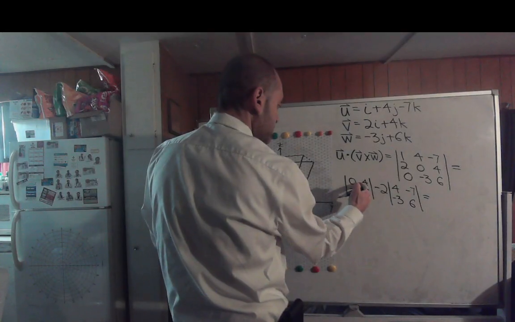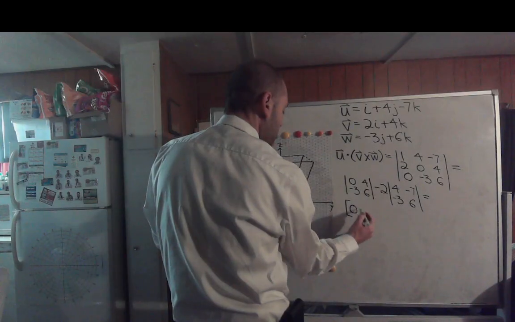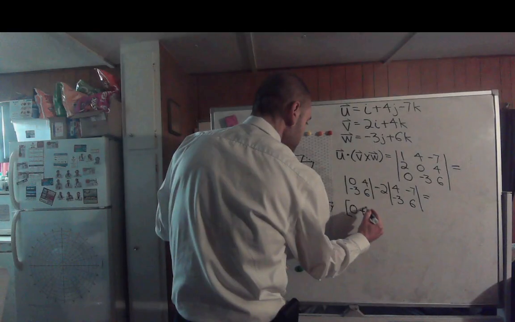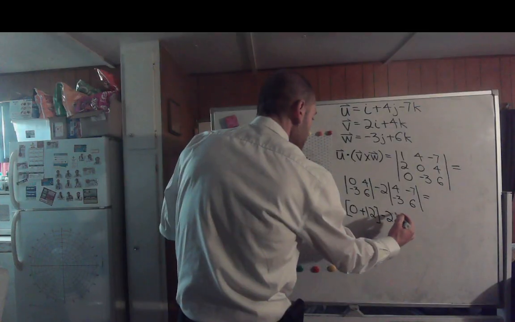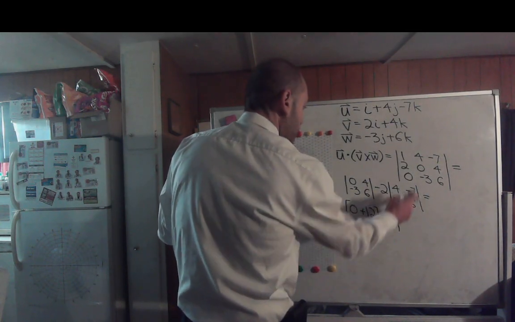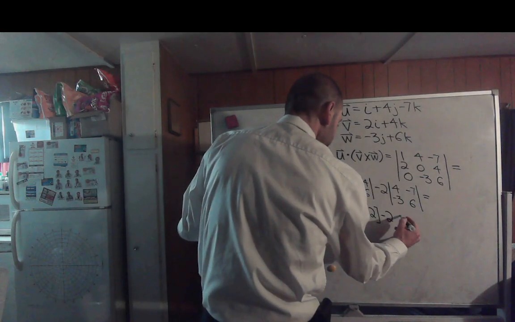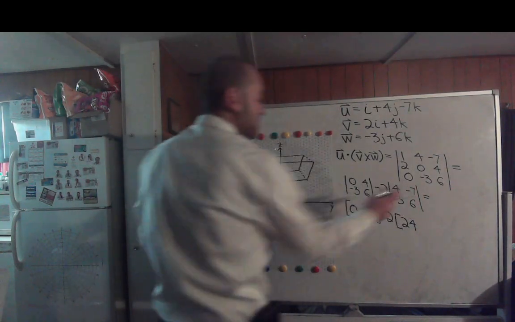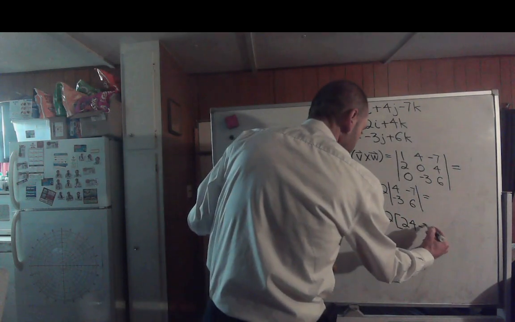So the first determinant is you'll have 0 times 6, which is in fact 0, minus 4 times negative 3, that turns into plus 12, minus 2 times 4 times 6 is 24, and then minus negative 7, so it turns into plus 7 times negative 3, that's actually minus 21.